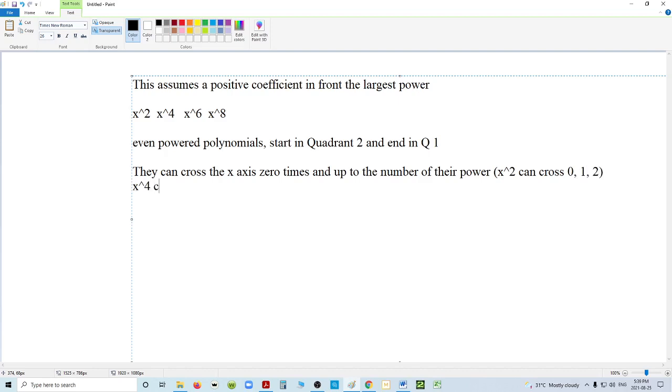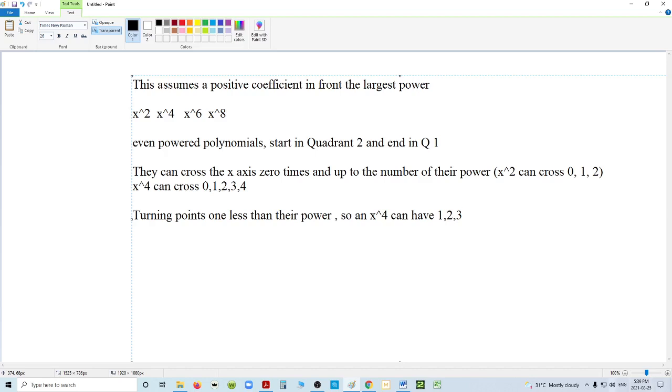X to the power of 4 can cross 0, 1, 2, 3, or 4 times, the number of its power. Now finally, their turning points will be 1 less than their power. So an x to the power of 4 can have, I guess technically 0. I mean, I still call it 1 turning point, 2 turning points, or 3 turning points.